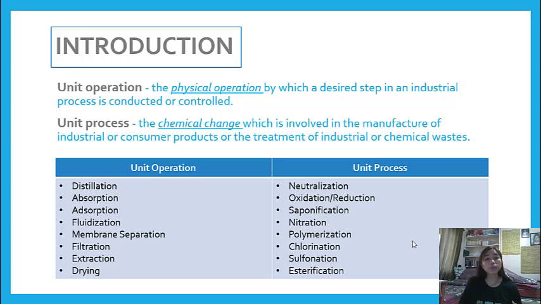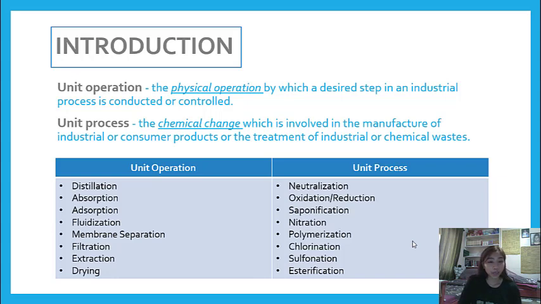On the other hand, unit process means the chemical change which is involved in the manufacture of industrial or consumer products or the treatment of industrial or chemical waste. So basically, when we say unit operation, it is a physical change, then when we say unit process, it involves chemical change.